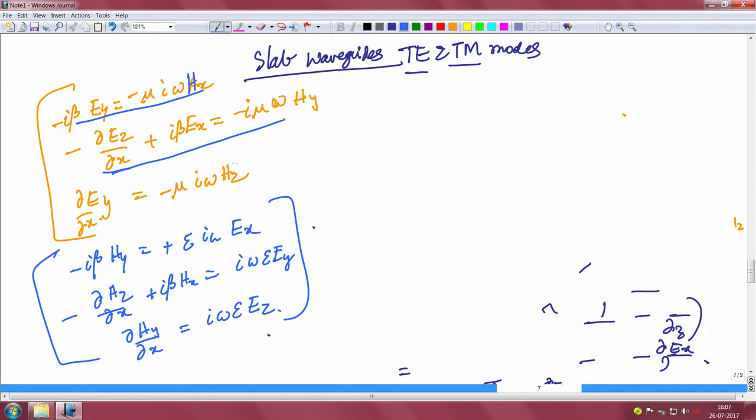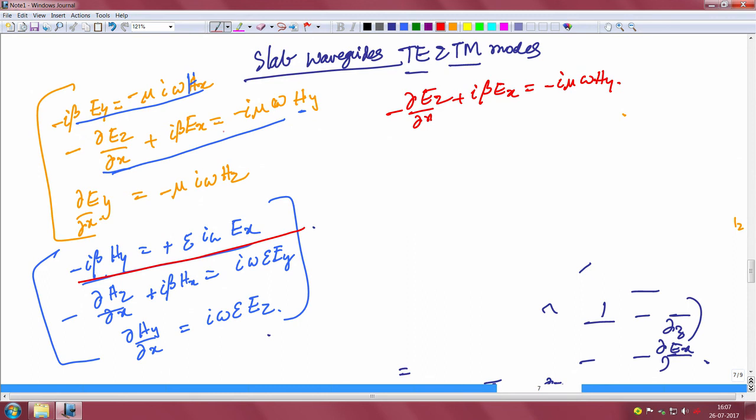So, let us try to eliminate Hy. Hy can be eliminated by using this expression. Let us combine these equations: dEz by dx plus I beta into Ex equals minus I mu omega into Hy, which can be combined with this to get Ez.